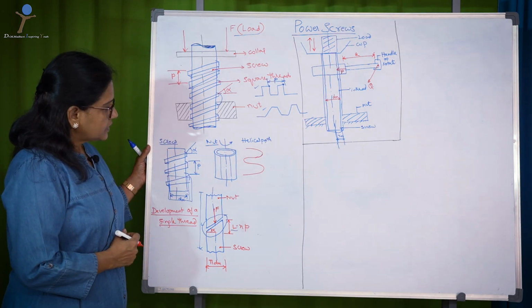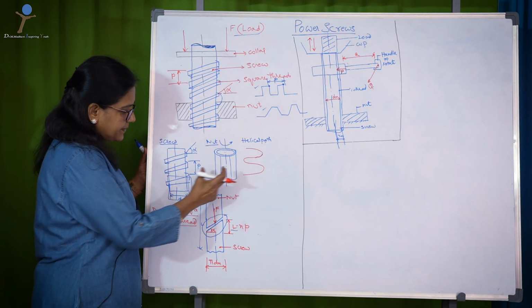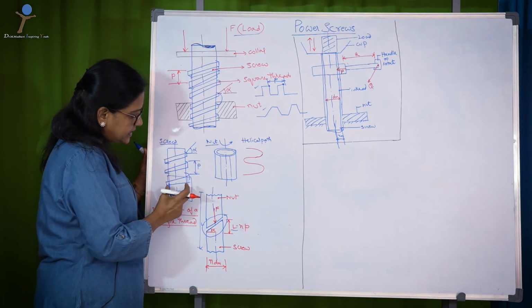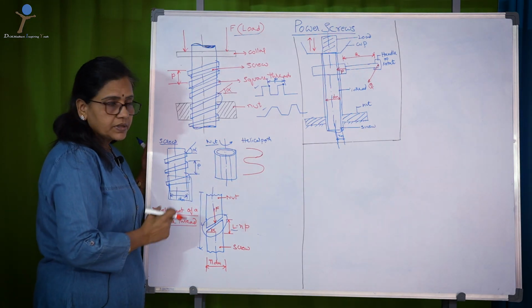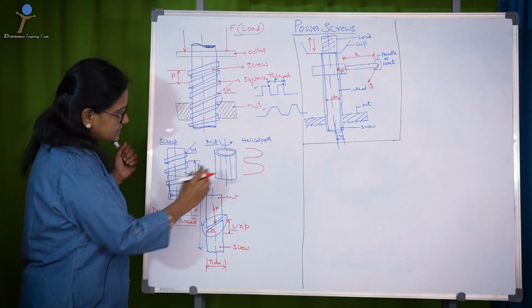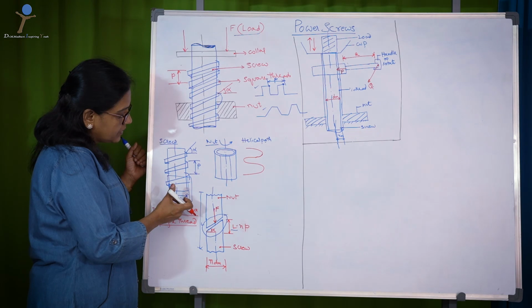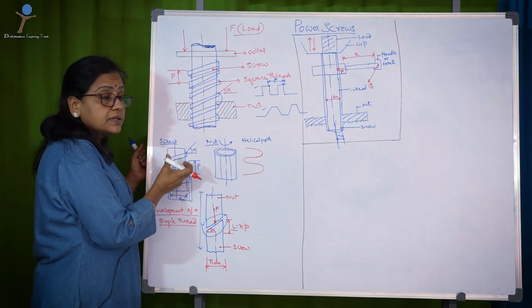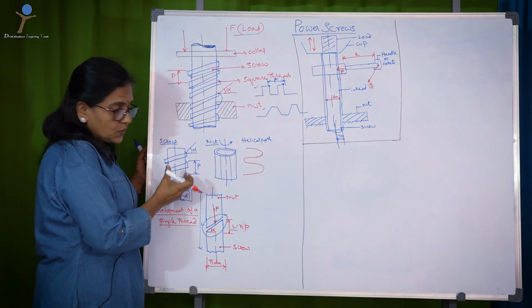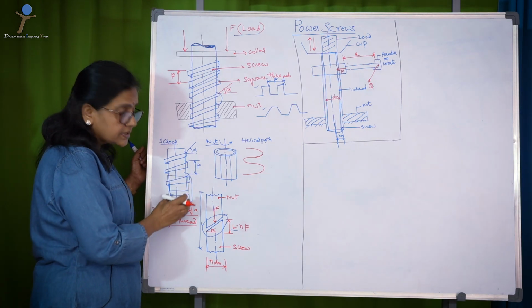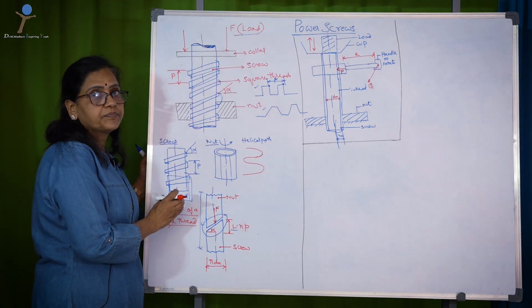Now, let us understand what exactly happens in the interface between the nut and the screw. When the nut is rotated in clockwise direction, the nut moves in upward direction. When the nut is rotated in the anti-clockwise direction, then it moves in downward direction.